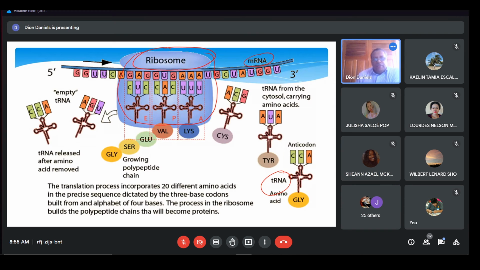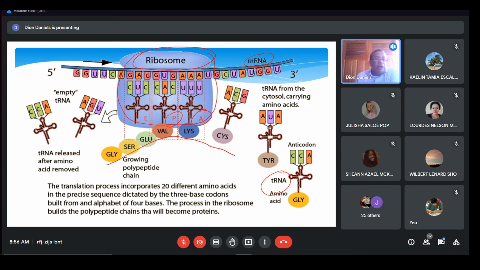The first area where these transfer RNA will enter the ribosome is called the A site, or the acceptance site, because there it will accept the amino acid. Then the second site is the peptidyl site, where it will be adding these amino acids. You see what is happening here? This is a growing polypeptide chain.